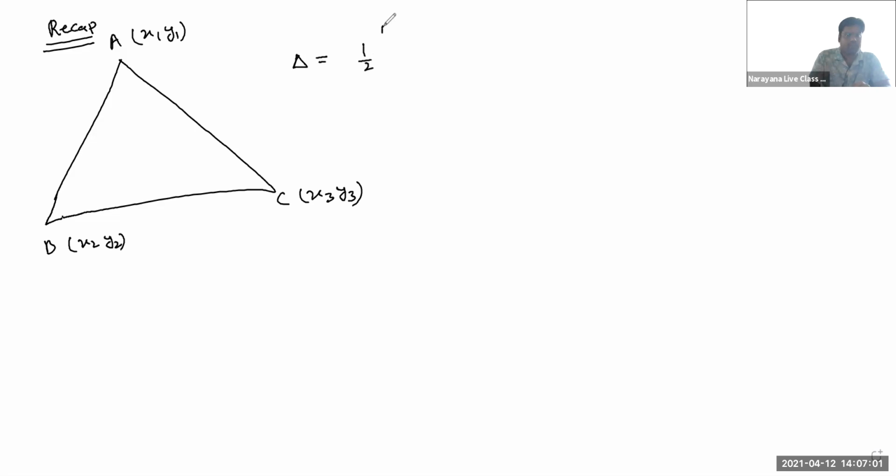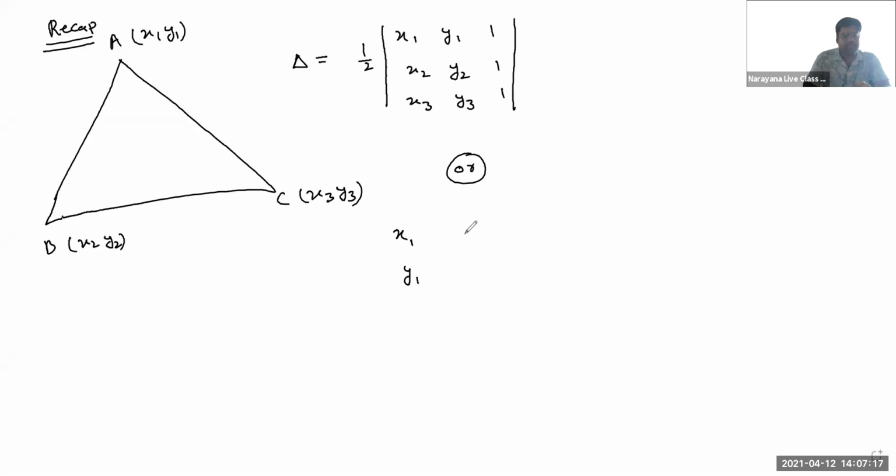half of the determinant of x1 y1 1, x2 y2 1, and x3 y3 1. Or you can also find the area by writing the coordinates of points A, B, and C in this way, and you have to repeat the first one as well, so this will be x1 and y1.